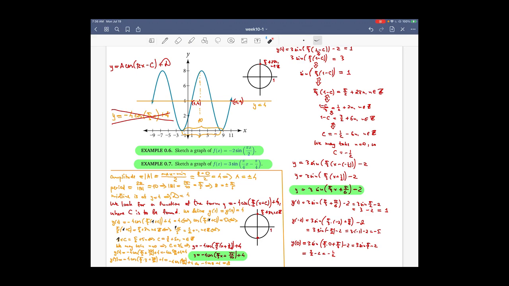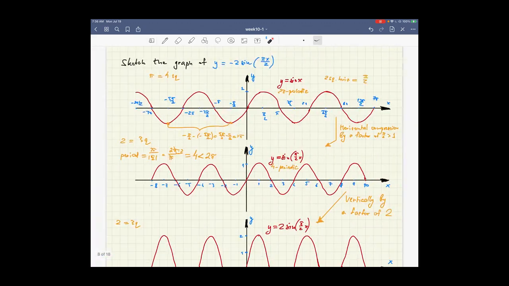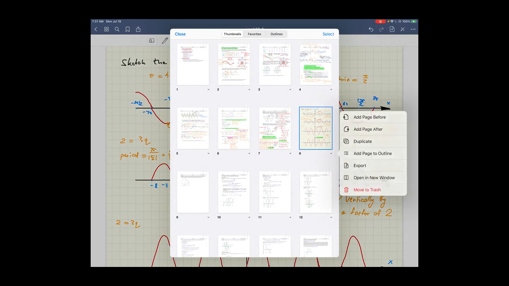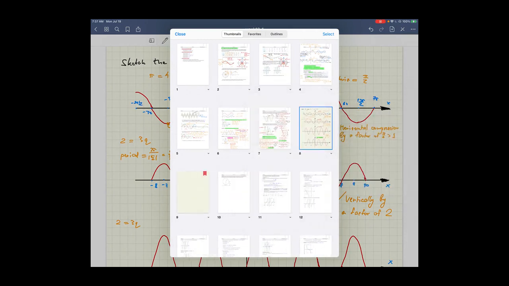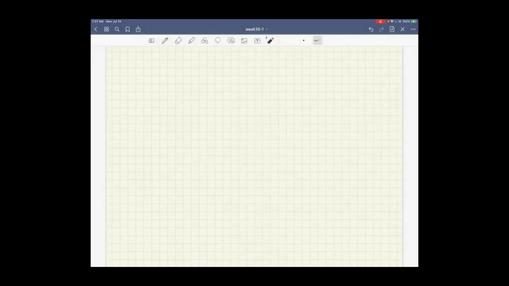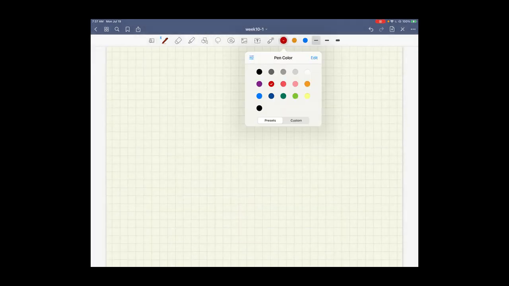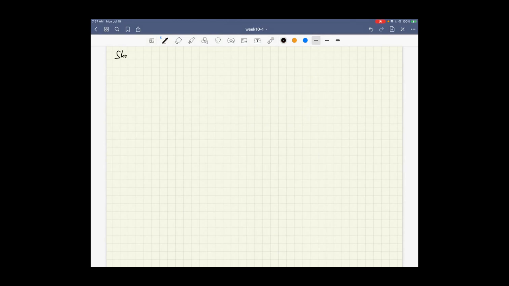We will have to be very careful with our scales. Let me add a page after this one. Three sine of pi over 4x minus pi over 4.